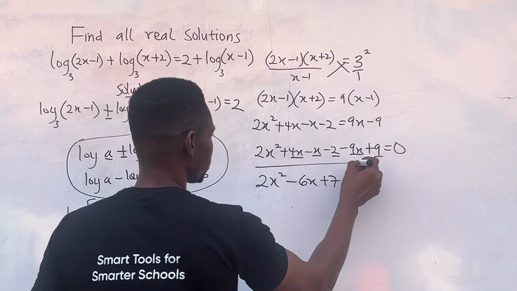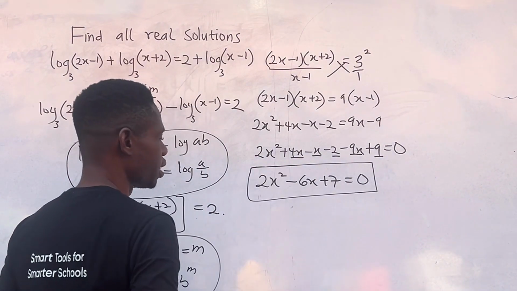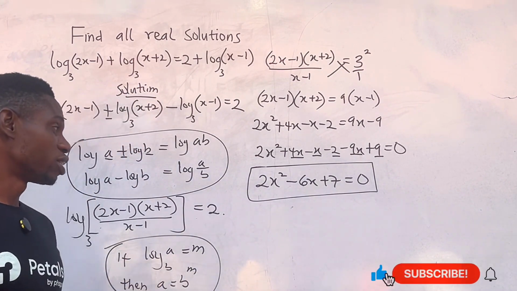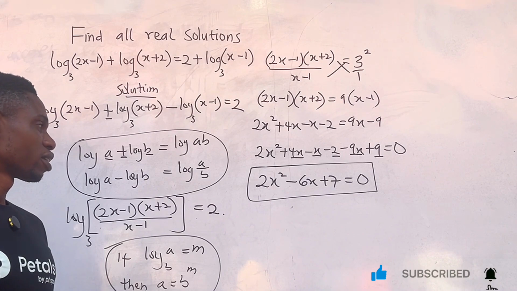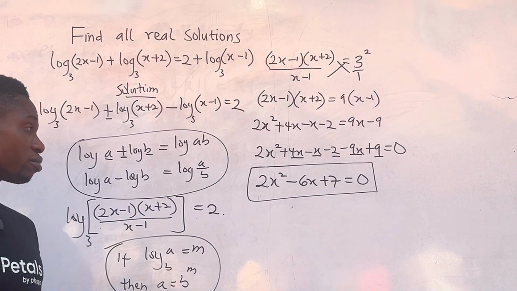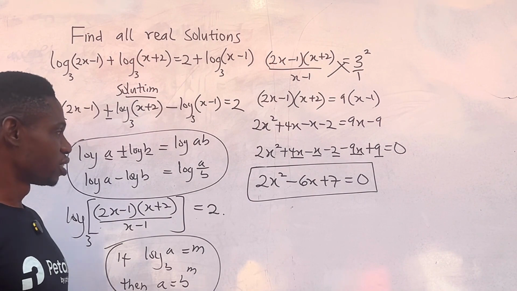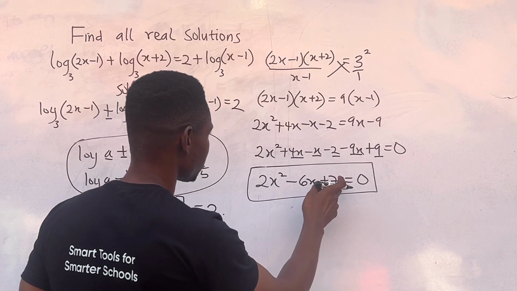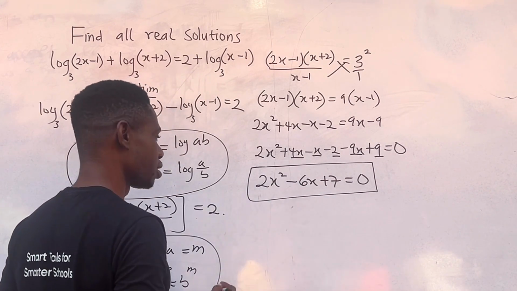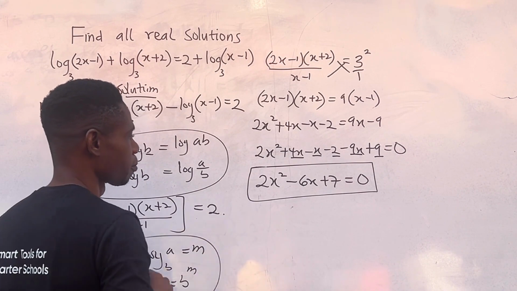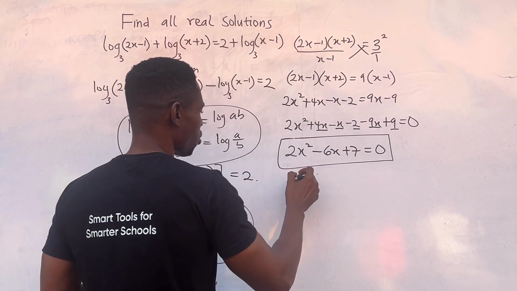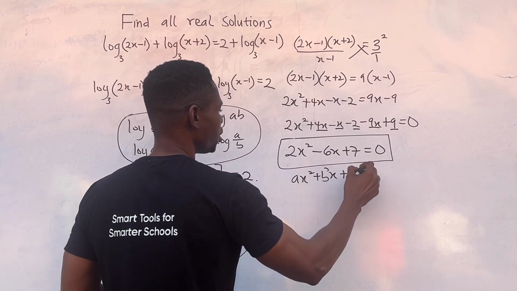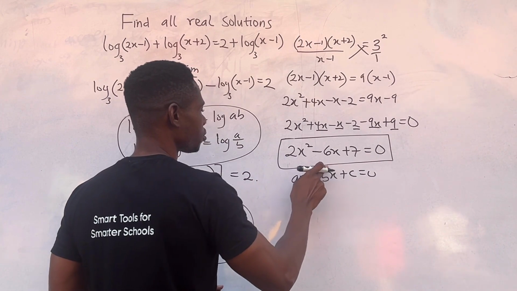So this is quadratic. So now there are 3 ways we can proceed. We can use completing the square method or the formula method, because this cannot be factorized easily. So remember our ax squared plus bx plus c equal 0.